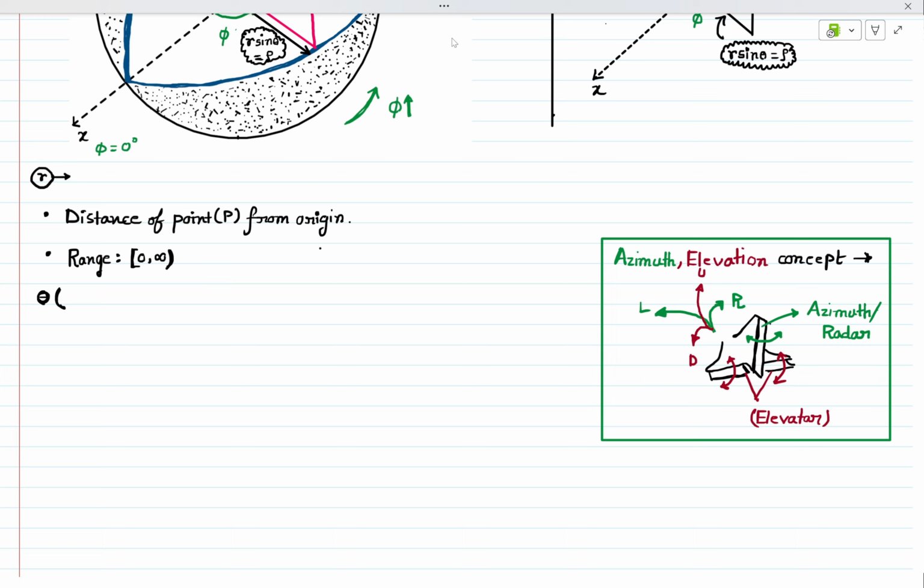That is the concept of the azimuth elevation.